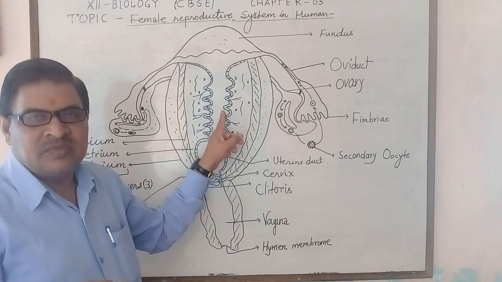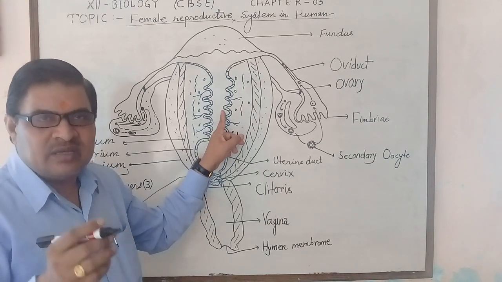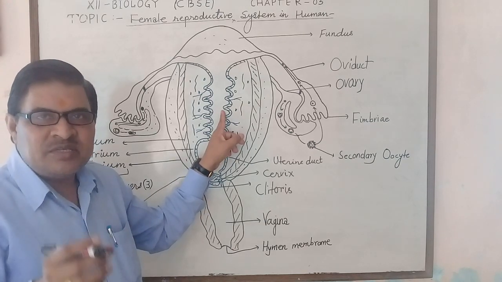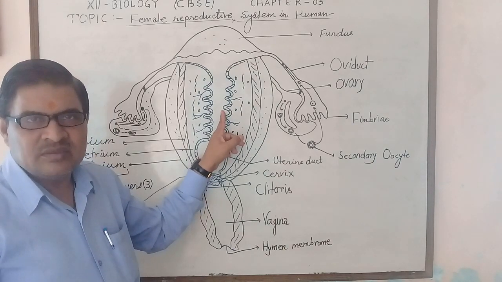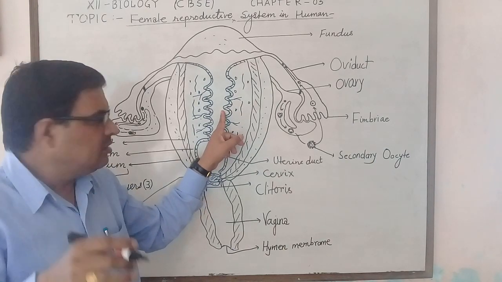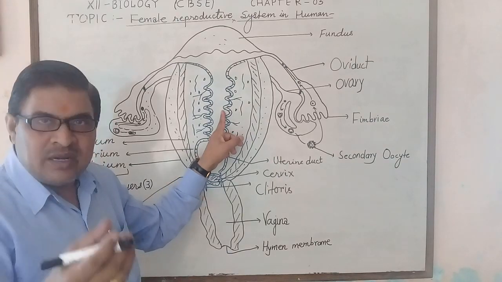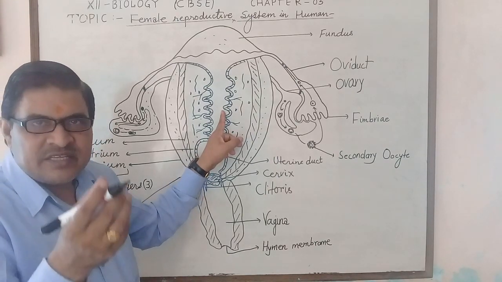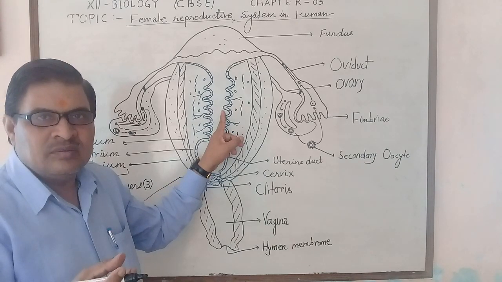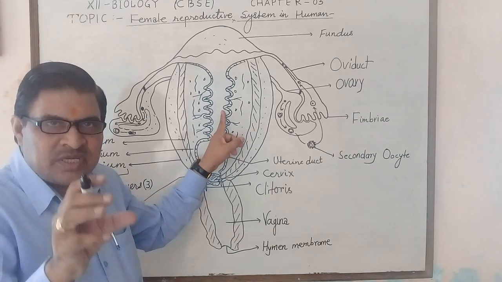The endometrium of the uterus is a very important layer because the attachment of the blastocyst occurs in the endometrium layer.